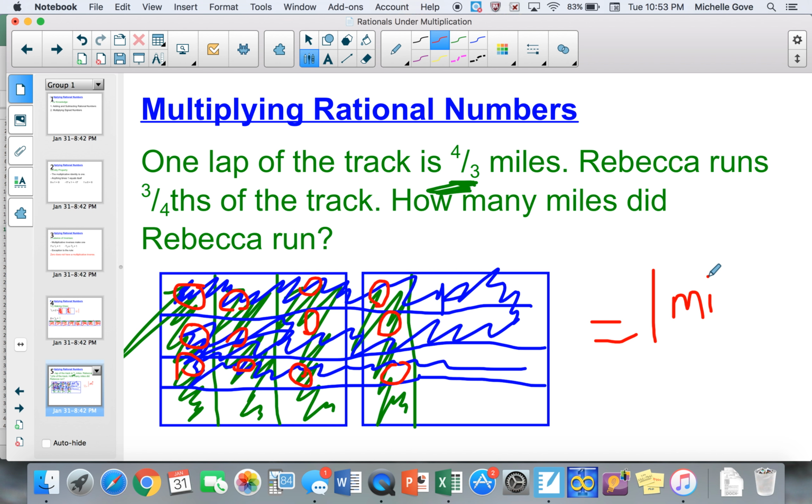So here we were able to use multiplication to figure out the distance, and because 4/3 and 3/4 are reciprocals, they make 1 and are also multiplicative inverses. All right, thank you.